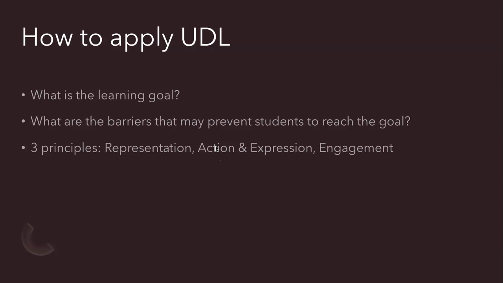So we really think about the representation of the content, how students are interacting and expressing their understanding. Engagement would be the interaction, but action and expression talks a little bit about how they're learning and how they're showing you that they're learning.